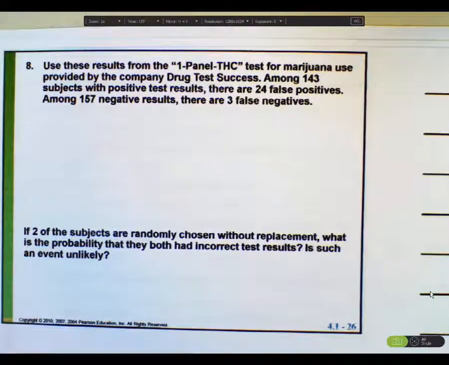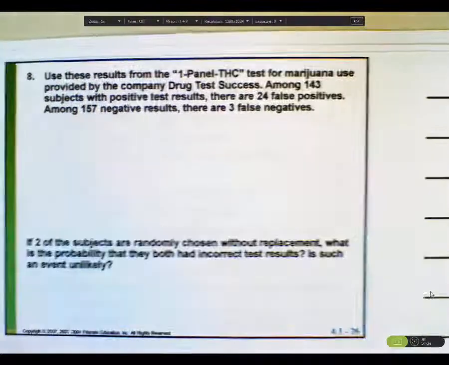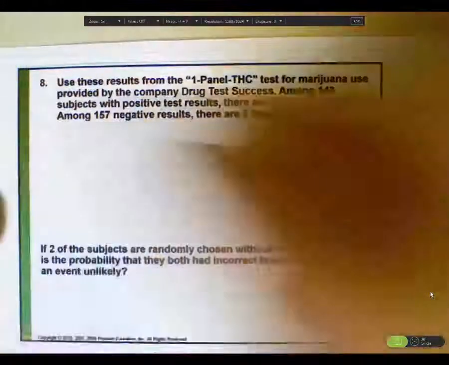I could set up a contingency table that had the test results being my rows, a positive result or a negative result.